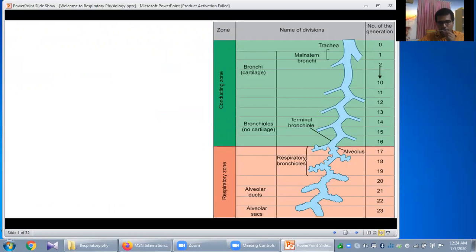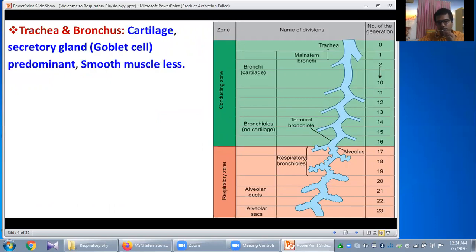Now, here you can see the figure of the respiratory tract. The respiratory tract extends from the nose down to the alveoli. According to function, the respiratory tract can be divided into two zones: the conducting zone and the respiratory zone.